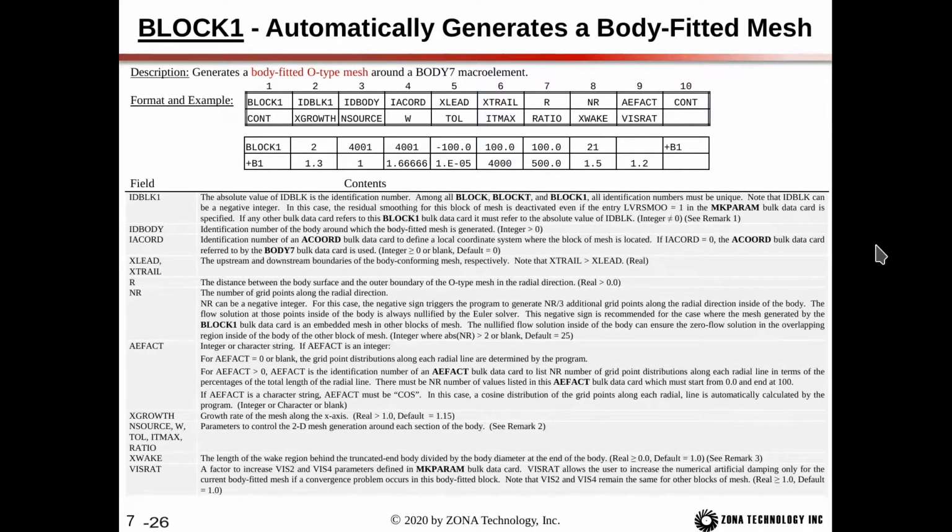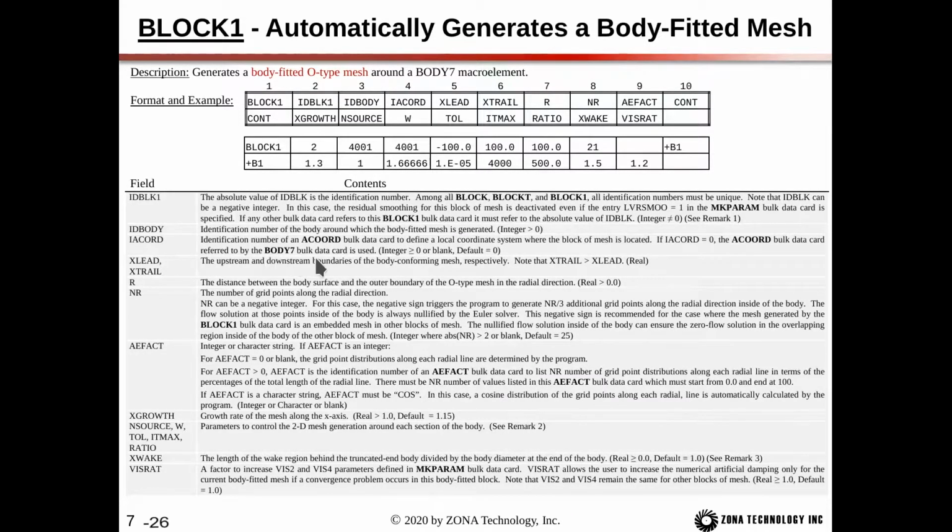Next we have the block 1, which generates a body-fitted mesh. So ID block 1 is the identification number. However, it can be negative, in which case the residual smoothing is deactivated. Next, ID body refers to the body 7 around which the body-fitted mesh is generated.